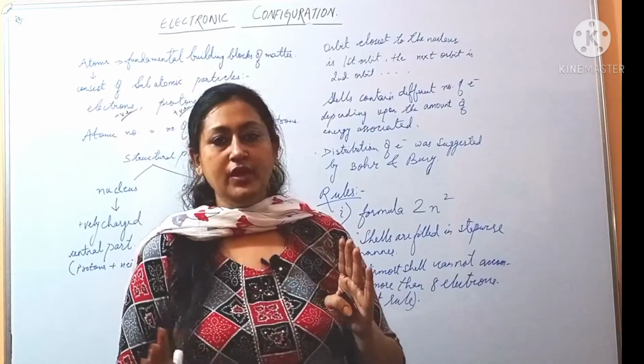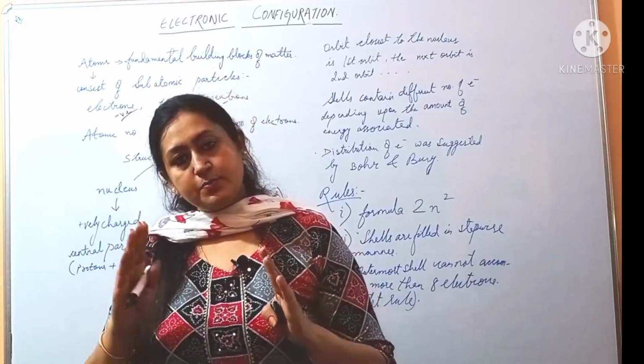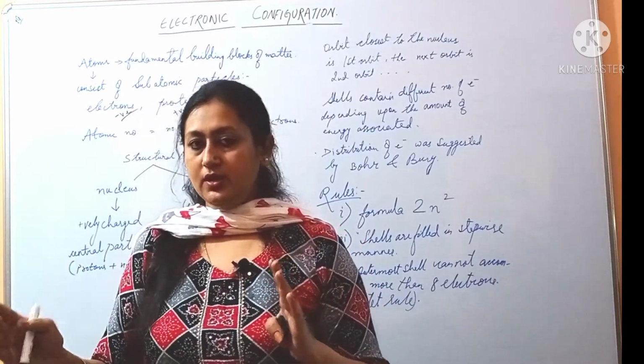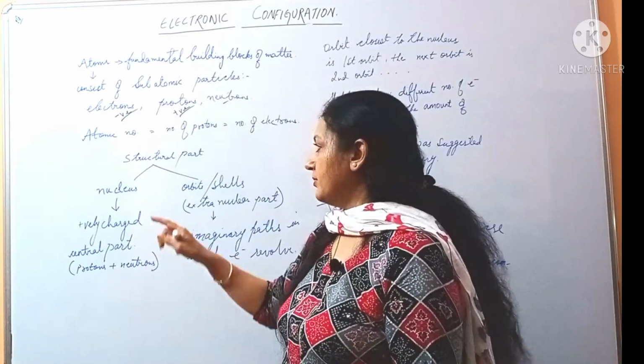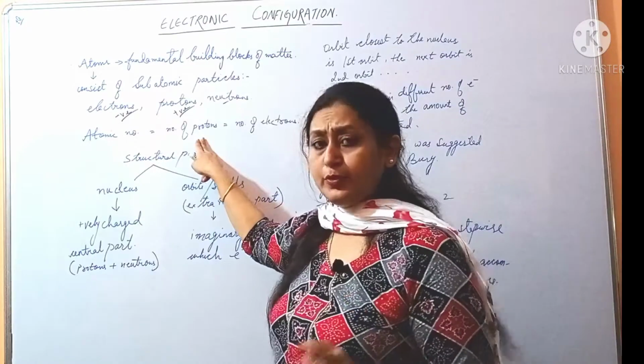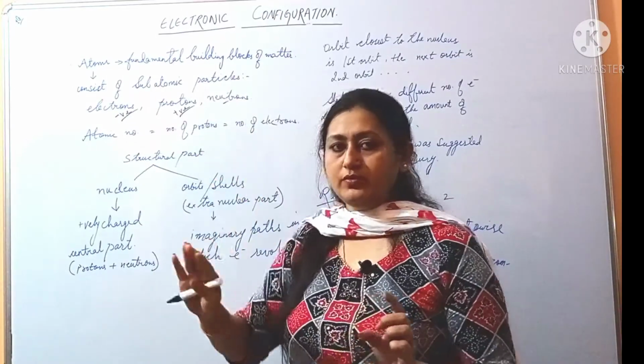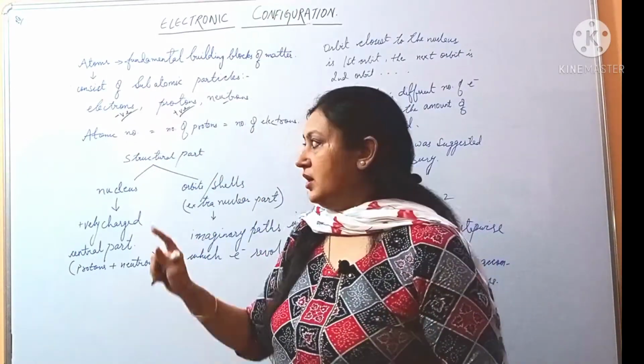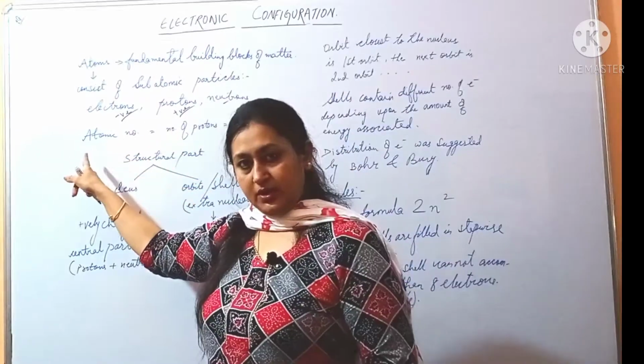The atom of every element has a specific atomic number. That atomic number is the number of protons that atom contains. Number of protons is always equal to the number of electrons, okay, which is equal to the atomic number.